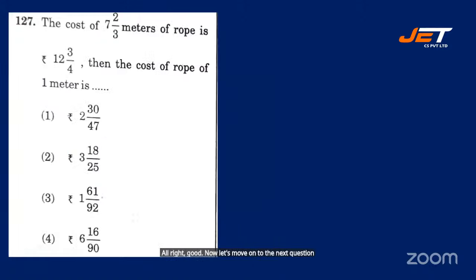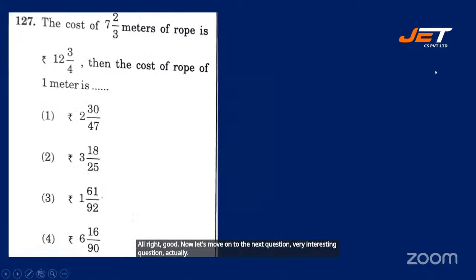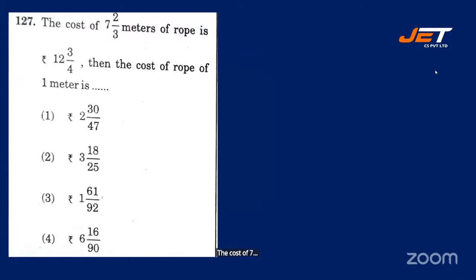Very interesting question, actually. The cost of 2 by 3 meters of rope is rupees 12 3 by 4. Then the cost of rope of 1 meter is how much? Okay. So the cost of 2 by 3 meters.